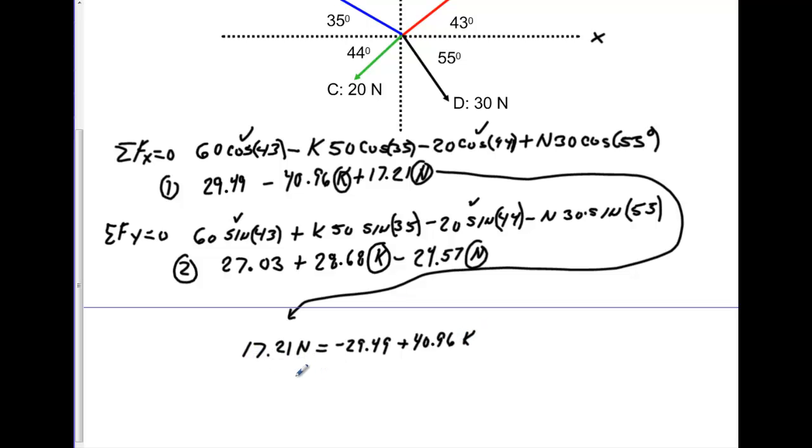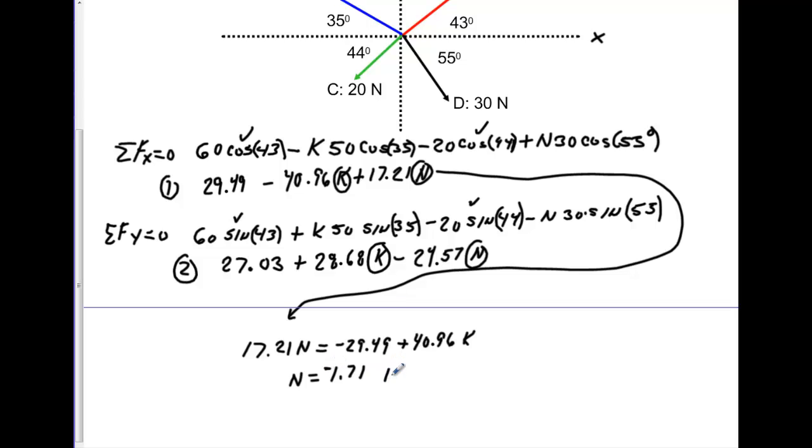I'm going to divide everything by 17.21. So 29.49 divided by 17.21 gives me a 1.71 value here, and that would be negative.